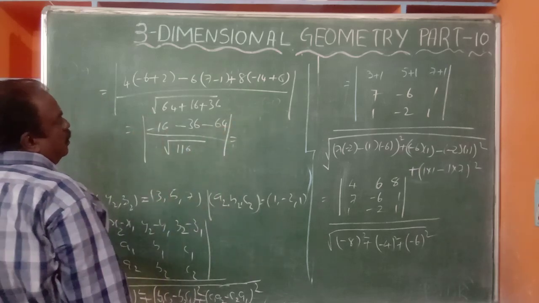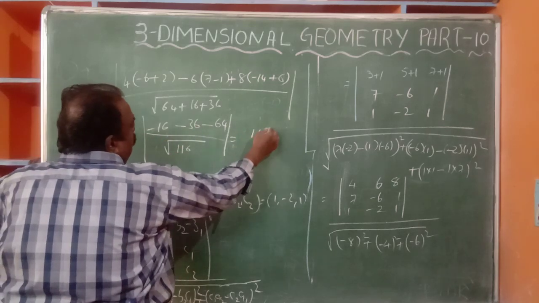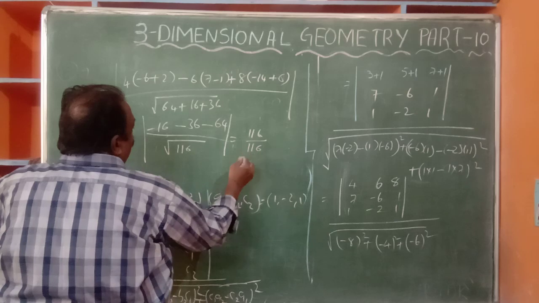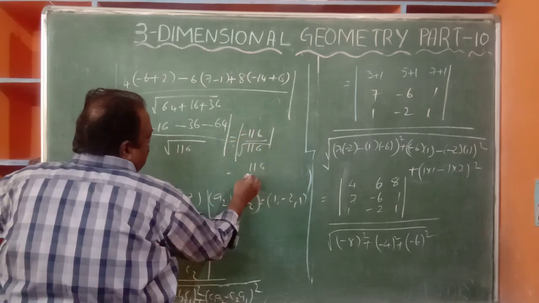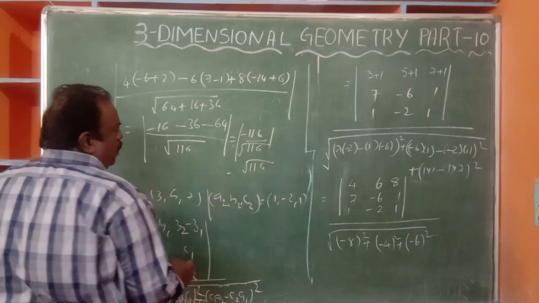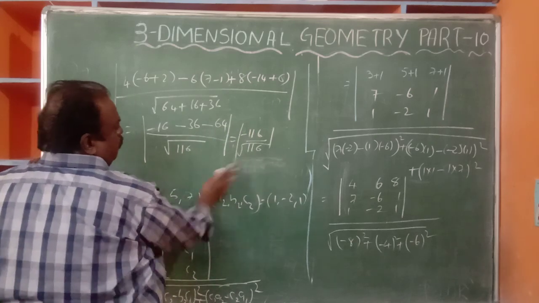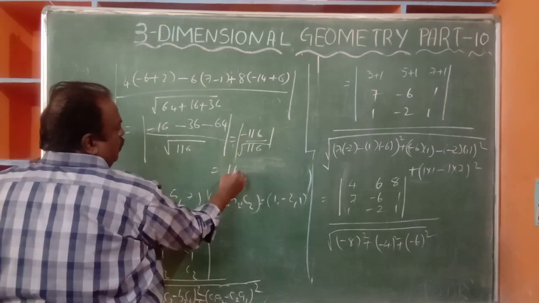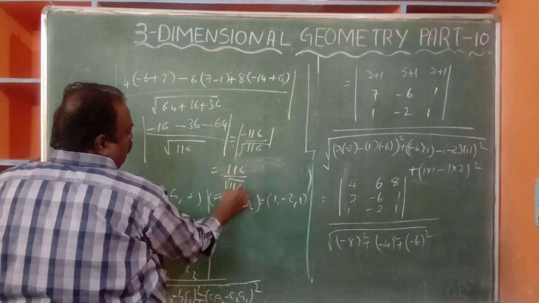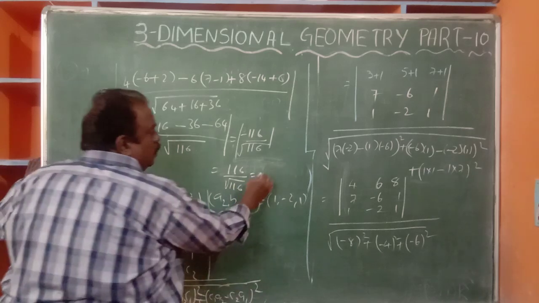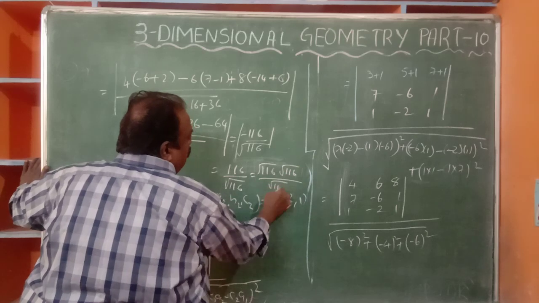How much? That is 64 under root 116. Again, we get 116 by 116, with root. Without root, first of all, the minus is 16. So 116 with root, by root 116.